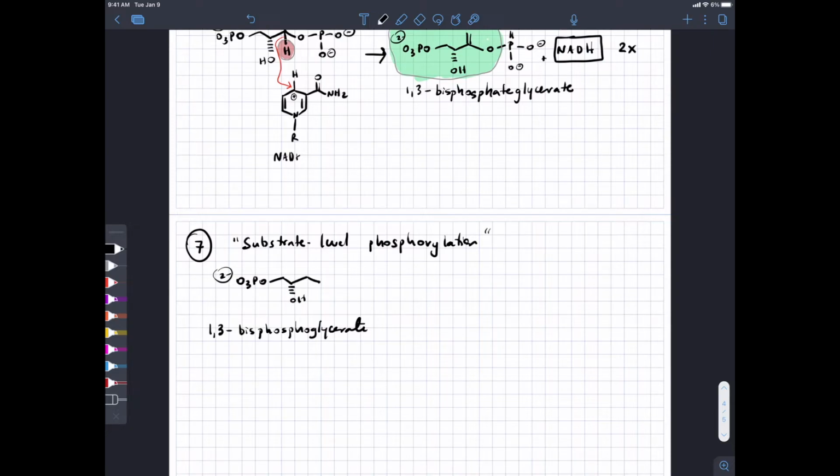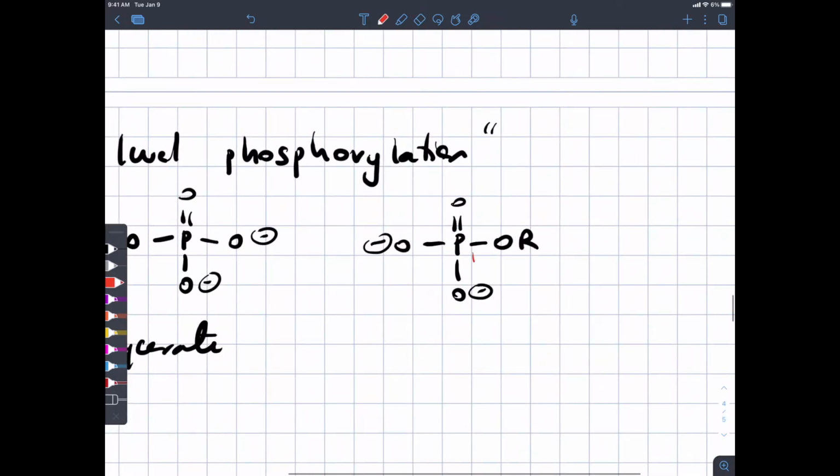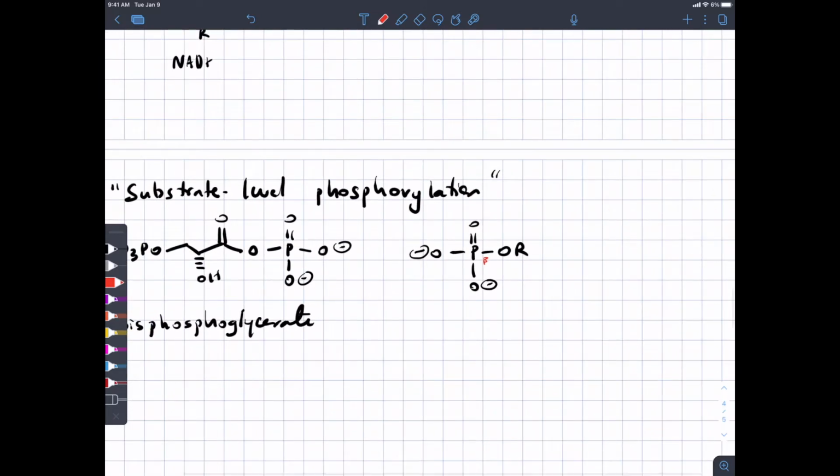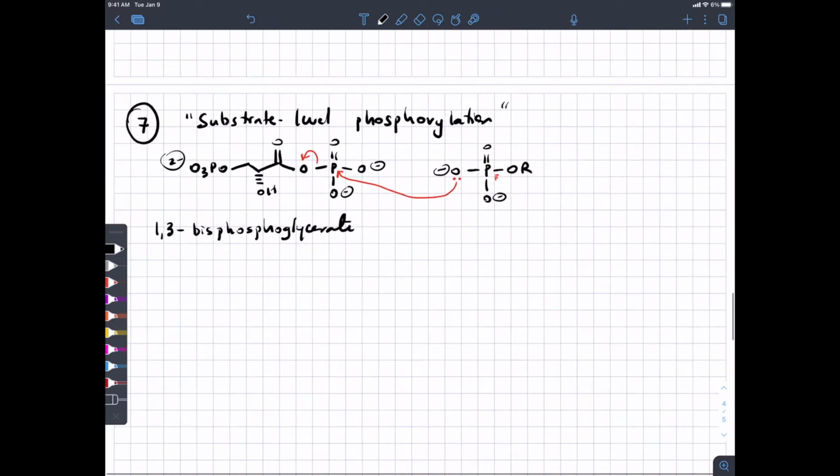And remember, everything that I'm showing you here happens twice, because we started step 6 with 2 molecules of glyceraldehyde. So I'm not going to draw all of ADP. In fact, I'm just going to draw it like this. This would be the beta phosphate group. And you will have electrons on the oxygen of the phosphate of ADP attack this phosphorus here, and the leaving group leaves.